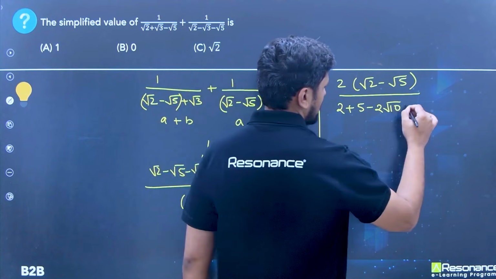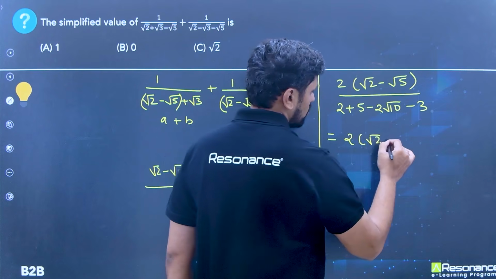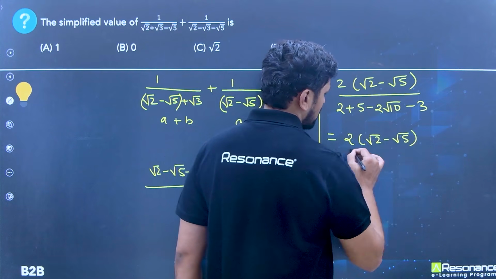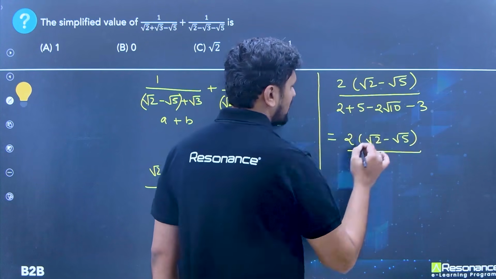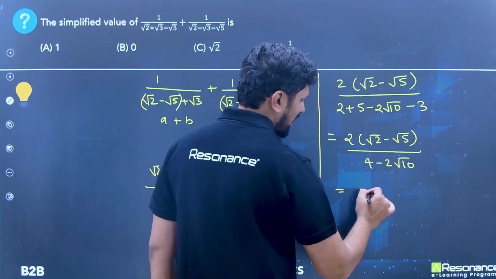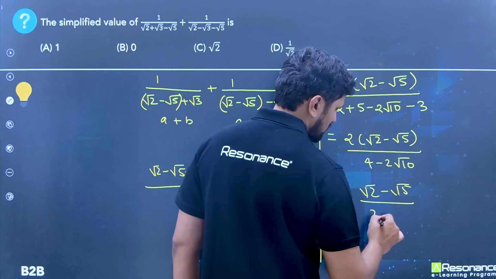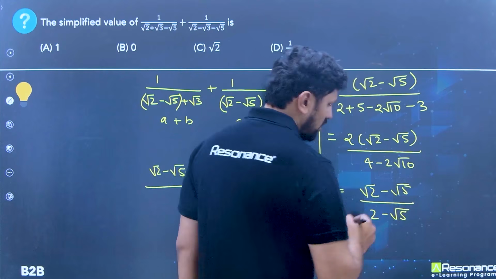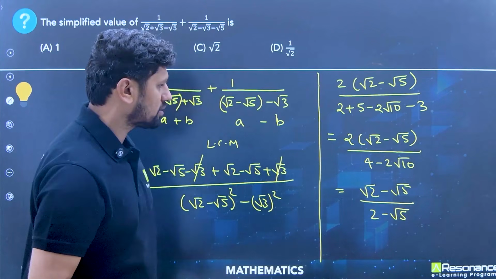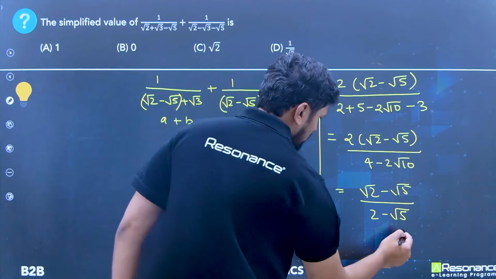Okay. Minus 3. So what we will get? 2 times root 2 minus root 5. This will become 7 minus 3, that is 4 minus 2 root 10. We can cancel a factor of 2 from numerator and denominator. So it will look like this: 2 minus root 10, not root 5 here, it will be root 10.